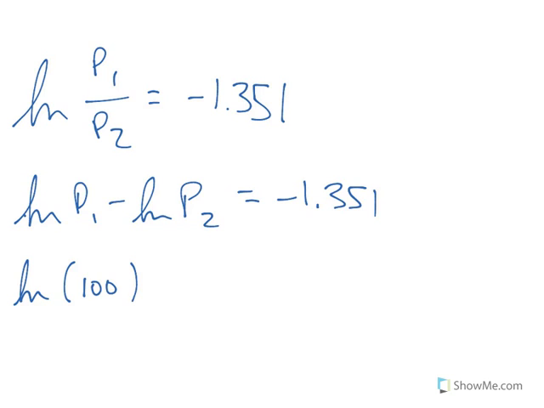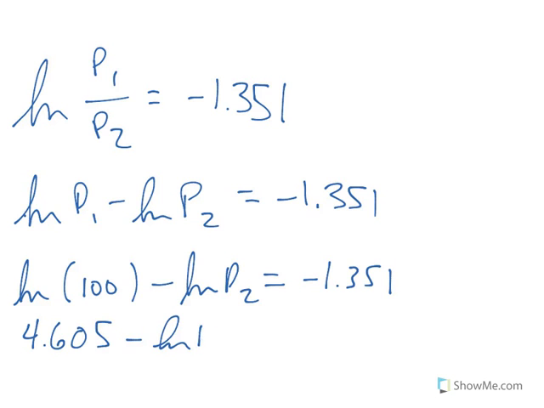We're just going to leave the units off because they don't really matter at this point. So what I'm going to do now is take the natural log of 100. On my calculator, I do ln 100, and I get 4.605. So 4.605 minus ln of P2 equals negative 1.351.